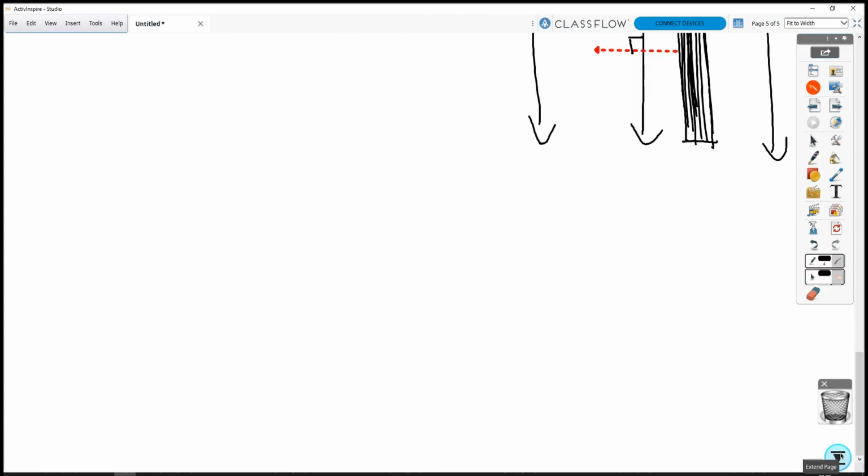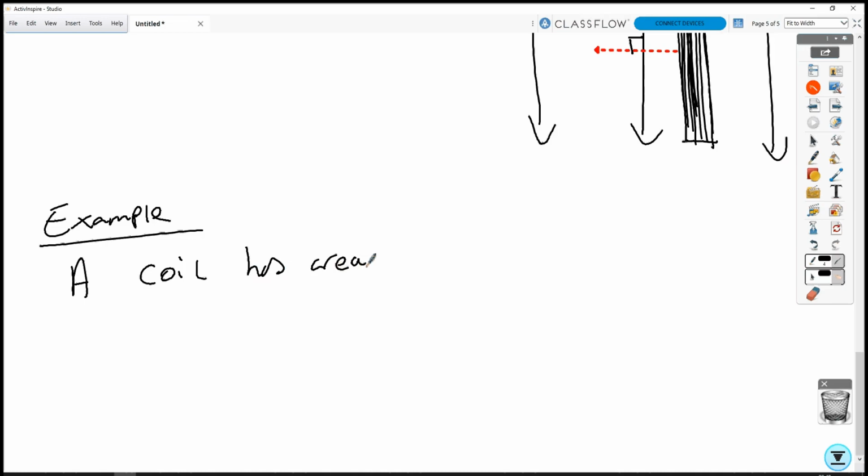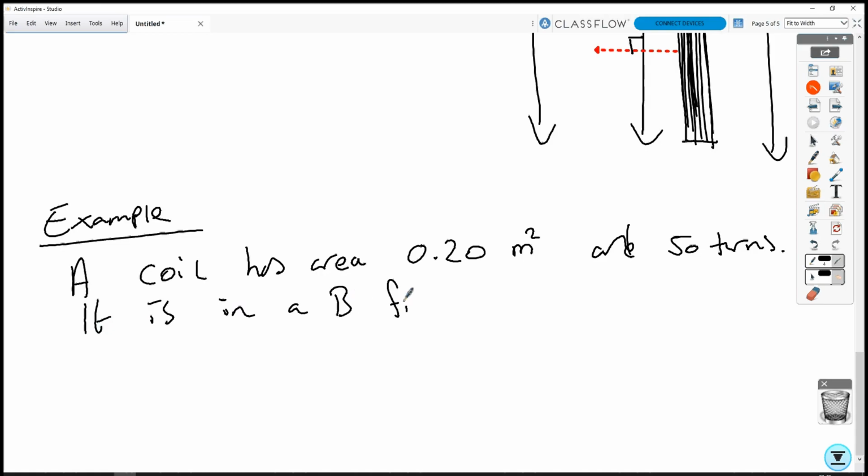We could do an example. So a coil has area 0.20 meters squared and 50 turns. It is in a B field of 400 millitesla.